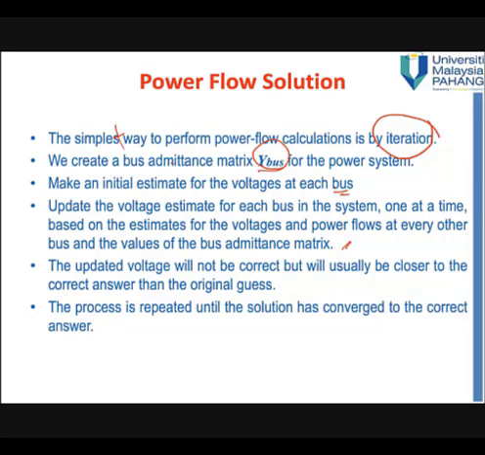The process is repeated until the solution has converged to the correct answer. If your calculation is wrong, you cannot get the right answer, and we call it diverge. Meaning it's a wrong answer. If correct, your solution will converge.